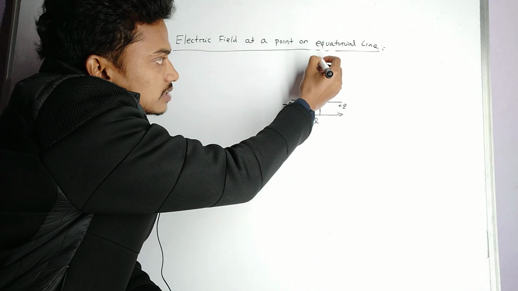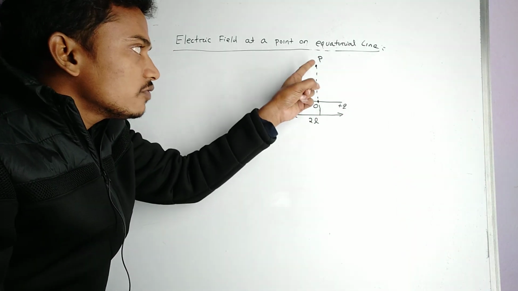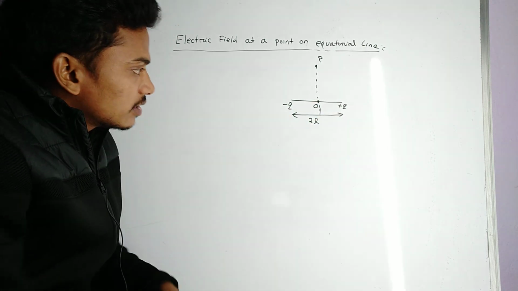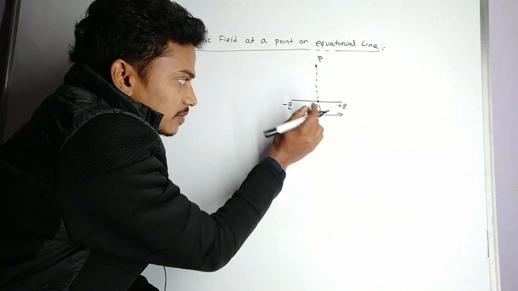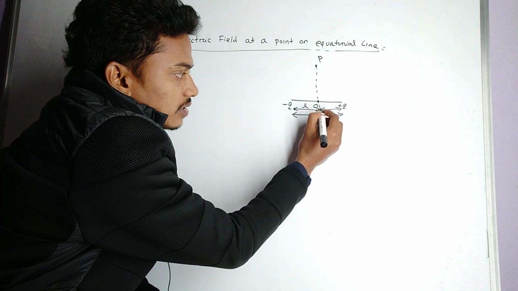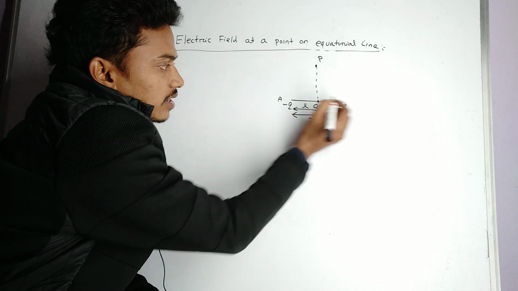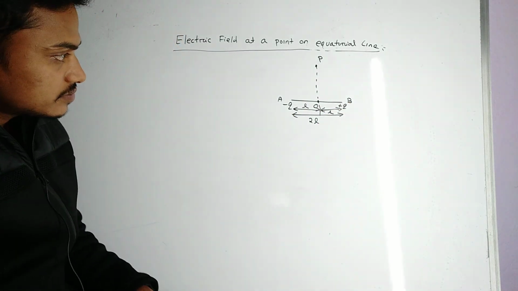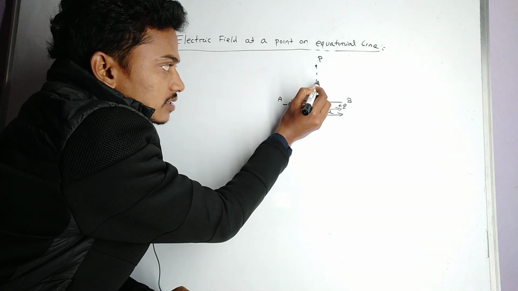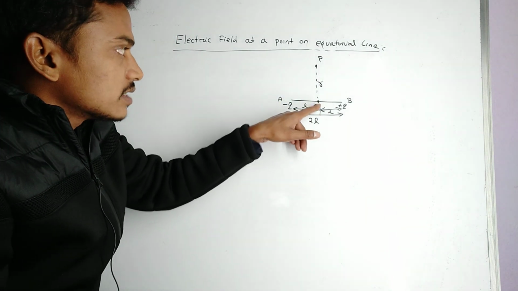Suppose P is the point where we want to find the electric field due to this dipole. This is the center of the dipole, so this will be L and this will be L. Suppose this is point A and this is point B, and the point P is at a distance small r from the center of the dipole.